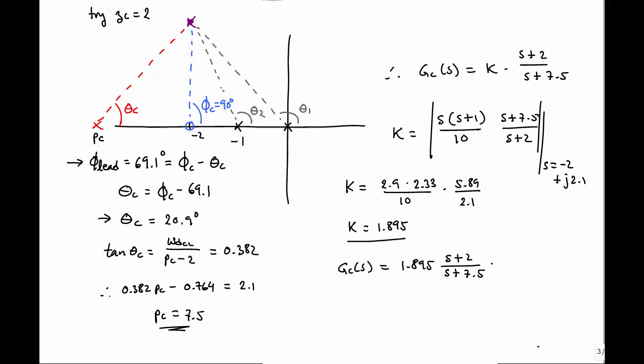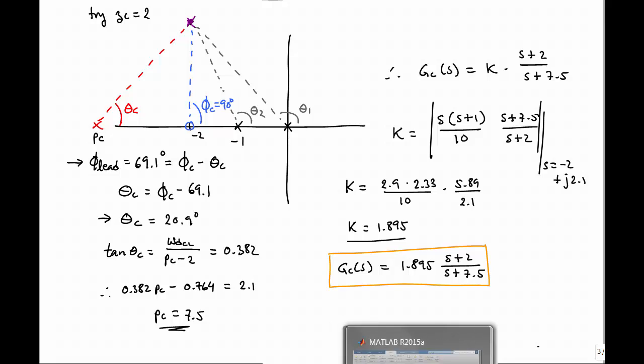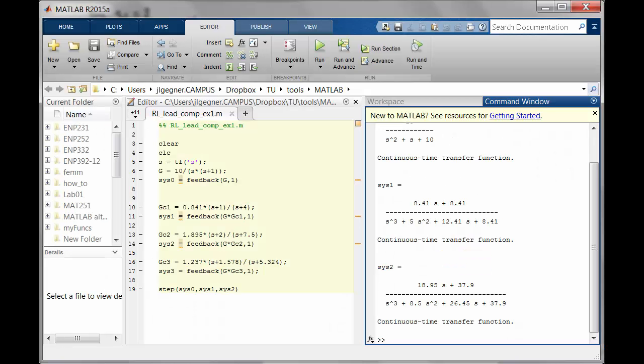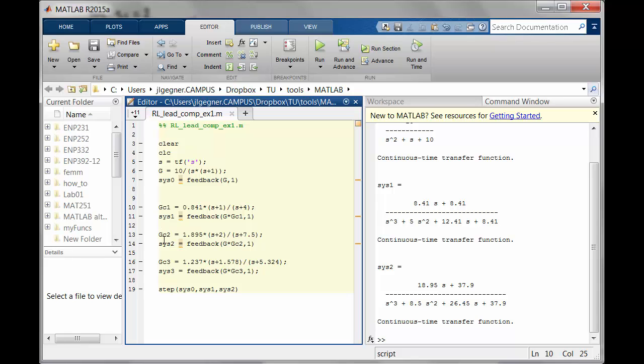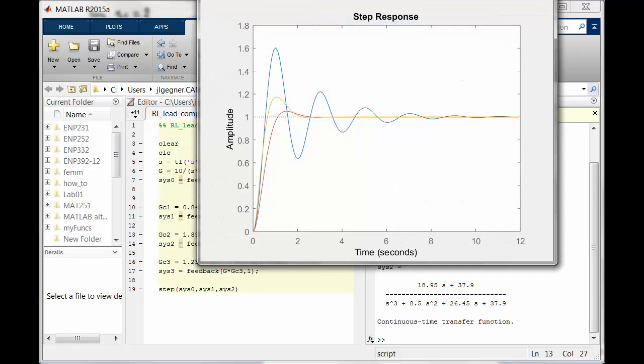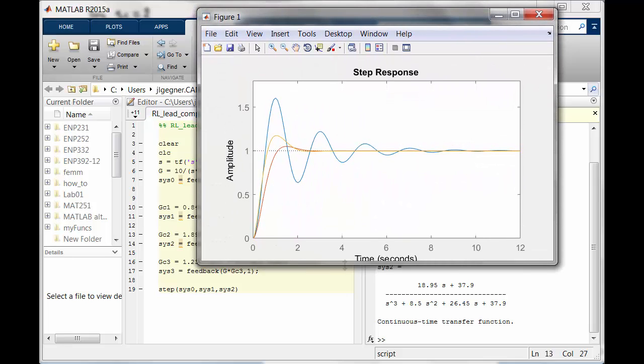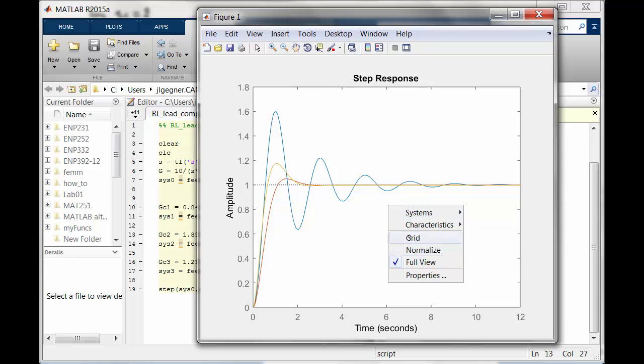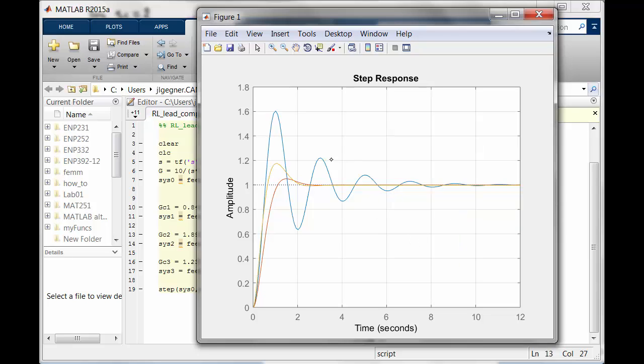And let's check with MATLAB to see what our performance is. So I've put a second system in here, 1.895 times s plus 2 over s plus 7.5, and we'll plot that along with the previous systems that we've already looked at. So here you go.